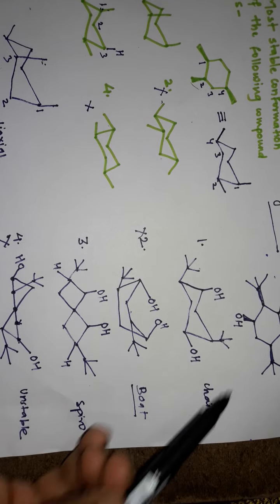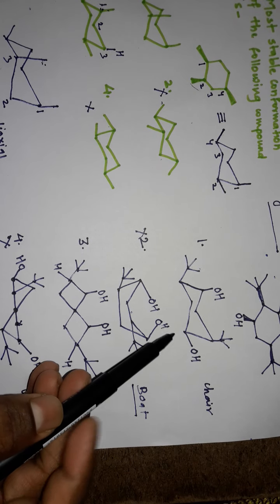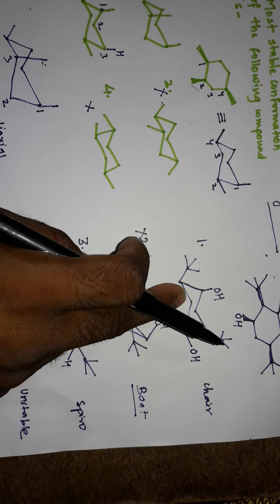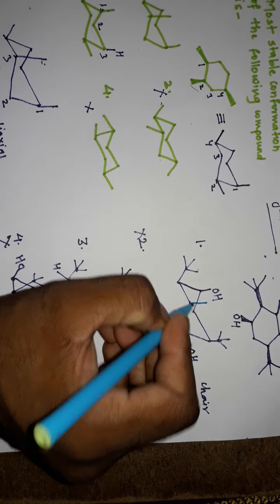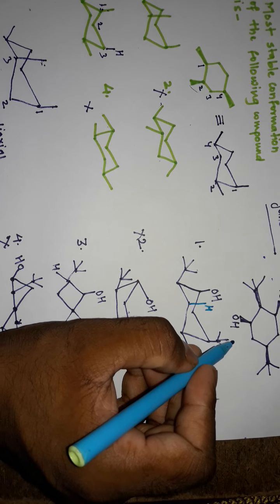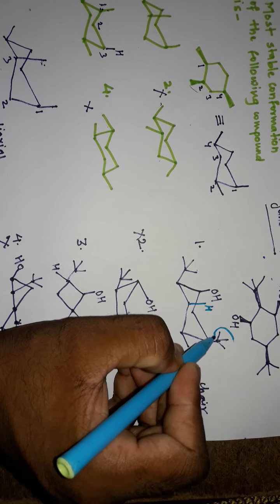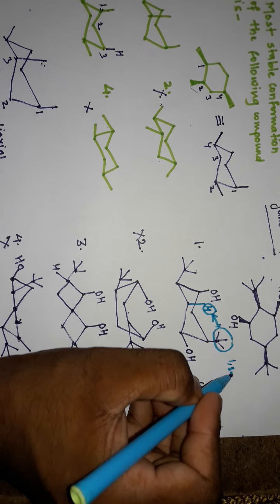Now I have told you that this is cyclohexane, so the chair conformer is most stable, but the problem in this case is that this is hydrogen and this is a hugely bulky tertiary butyl group, and there is a huge interaction between this hydrogen and this tertiary butyl group. So there is a 1,3 diaxial interaction.